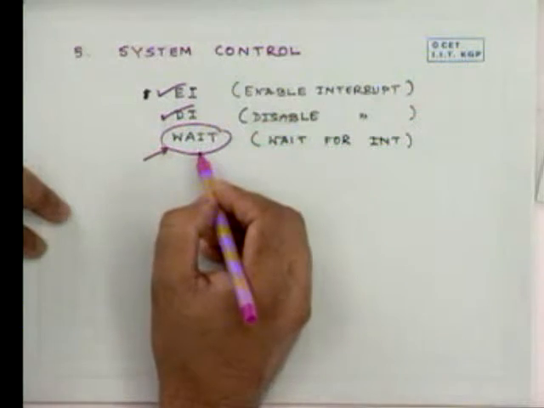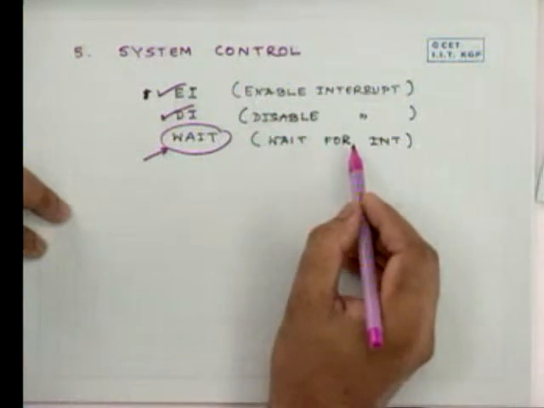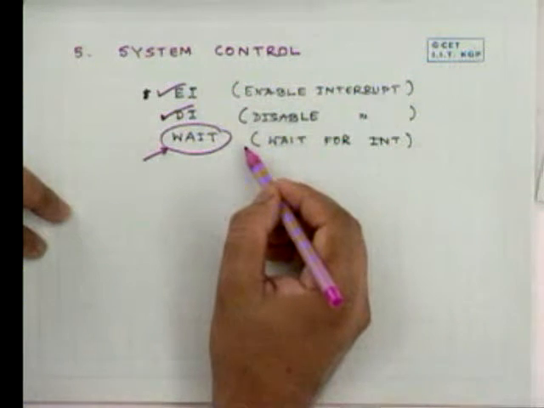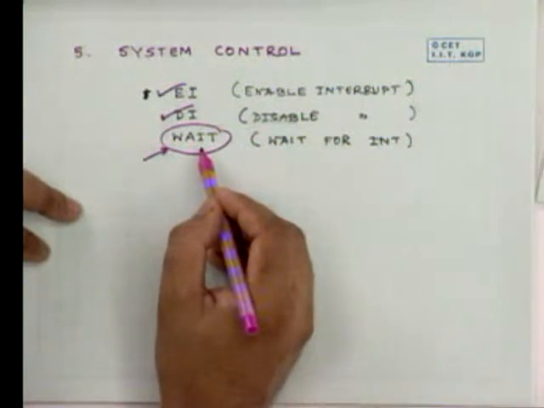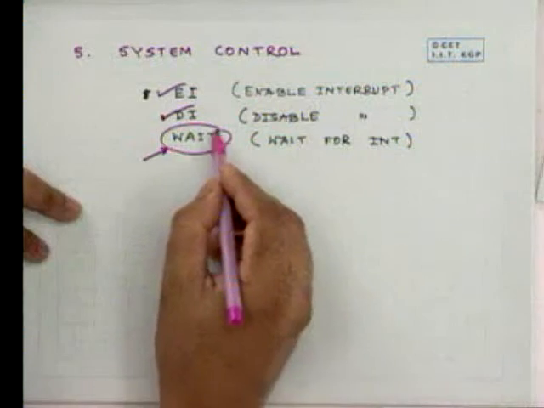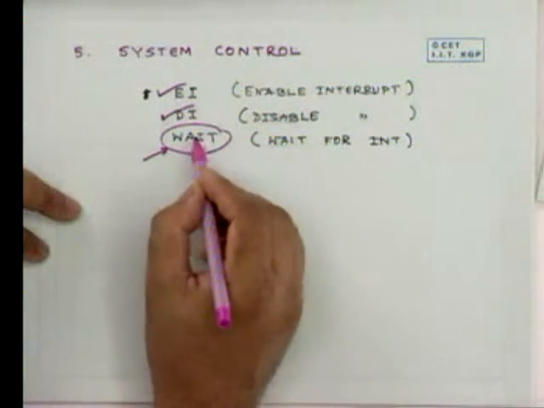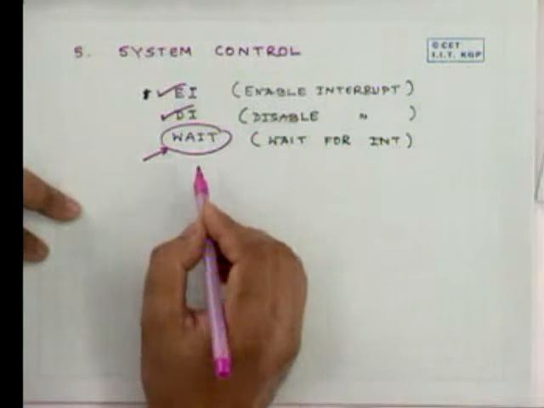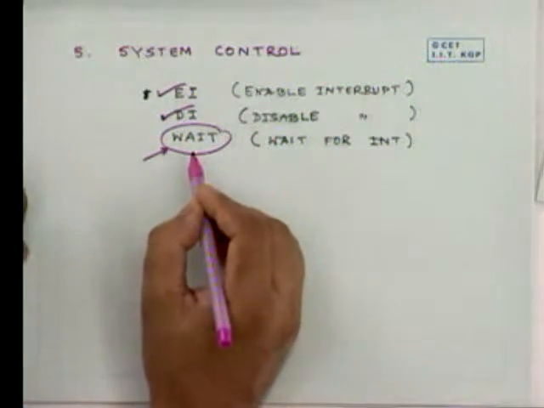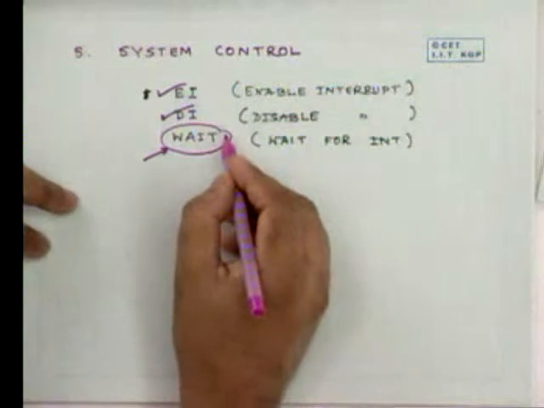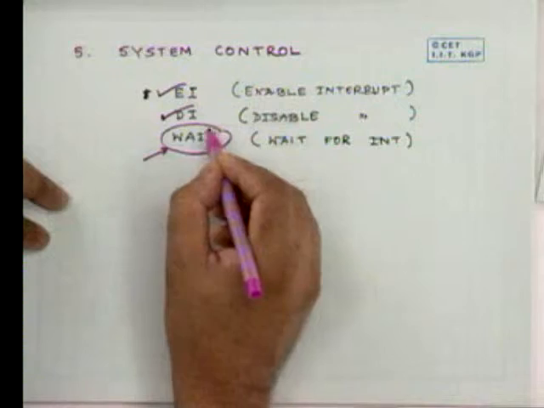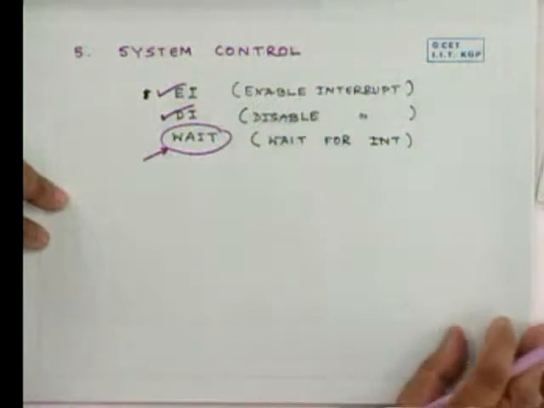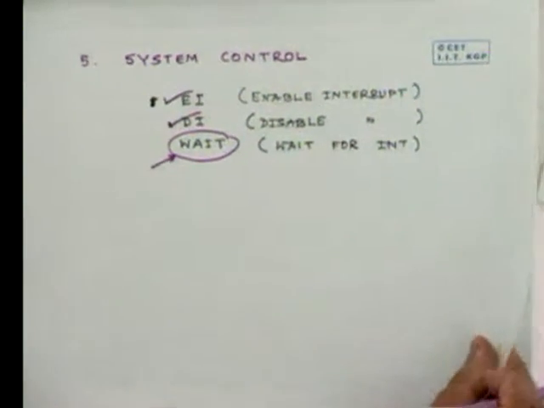It will now wait till that interrupt comes and the data from the input device is accepted by the CPU, and then the CPU can proceed once more. So this can be used for keeping the CPU in a wait state. Once more, we will have some occasions of discussing where these wait instructions can be fruitfully utilized later on.